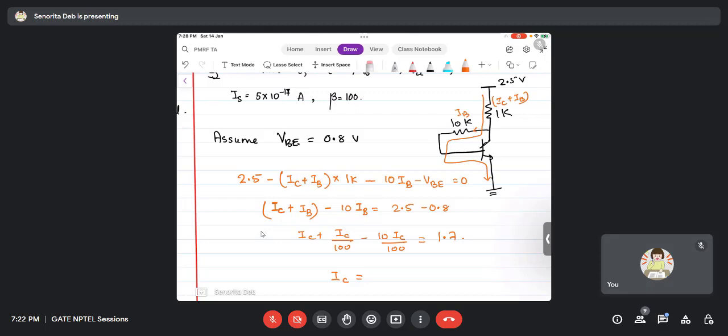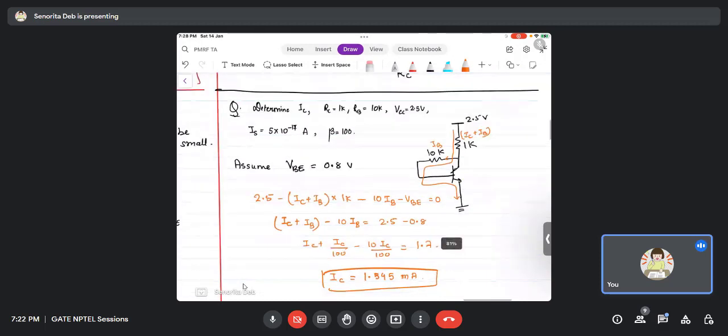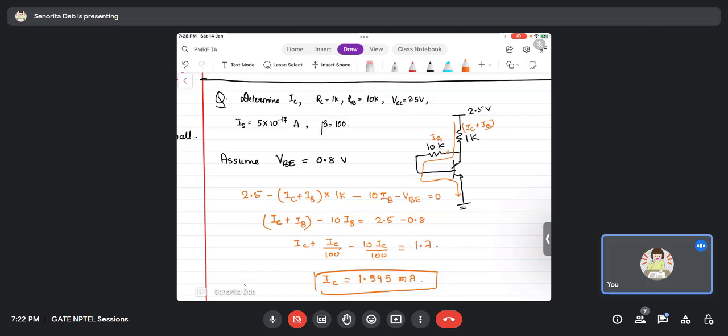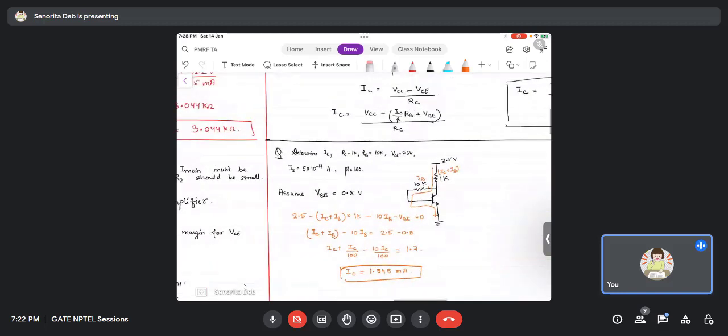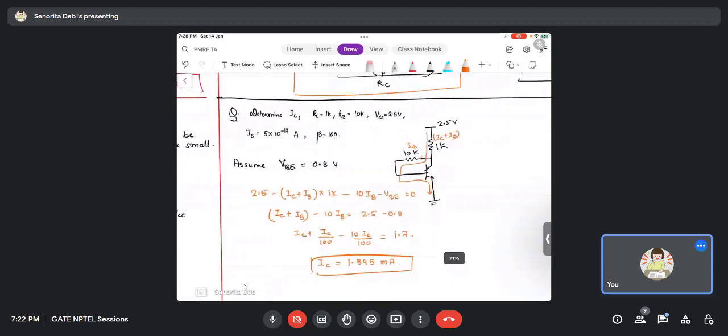1.531 milliamps. Yeah, 1.531 you should get. So I think if you directly use the formula, you will get 1.545. I think I have made a mistake somewhere in the equation, because this is the formula that you should directly translate to. So let me just check once.